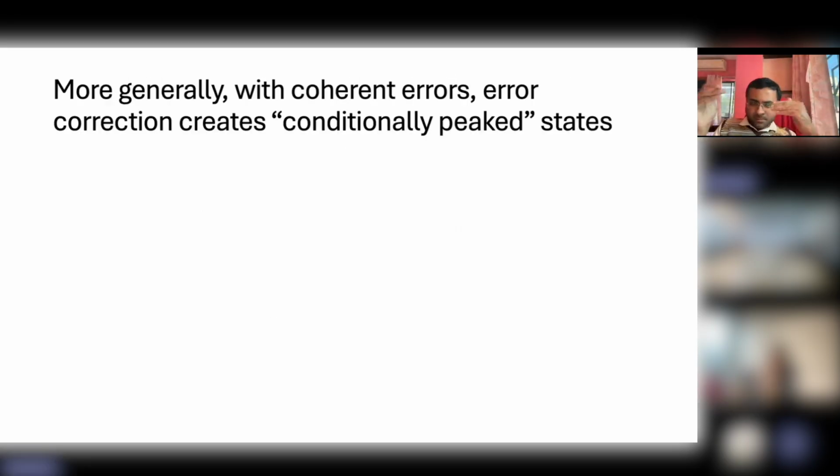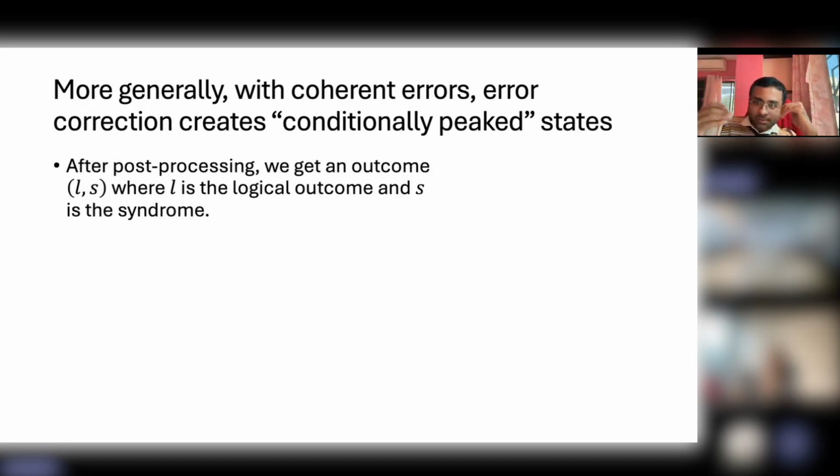So my claim is that with errors or coherent errors, these schemes like QEC, by their very nature, will create a state that's conditionally peaked. What do I mean by that?